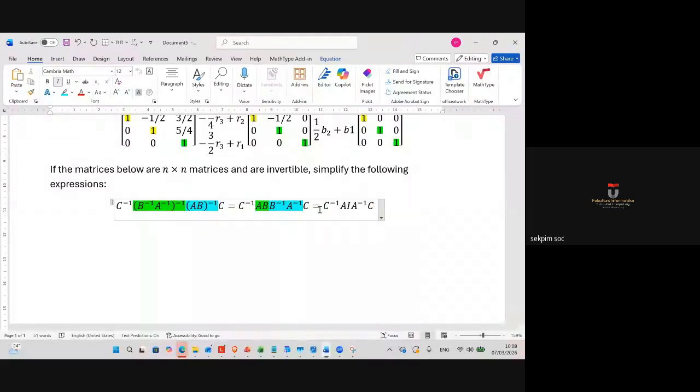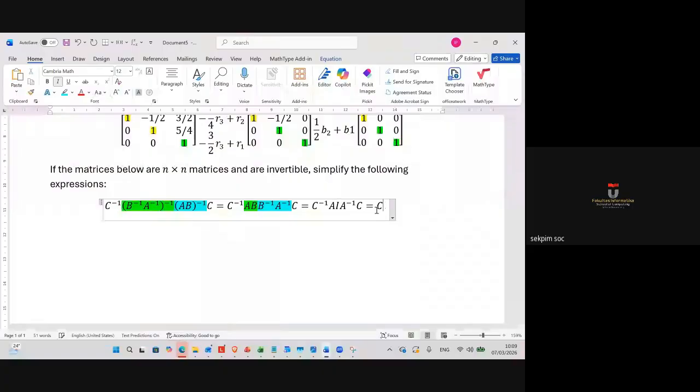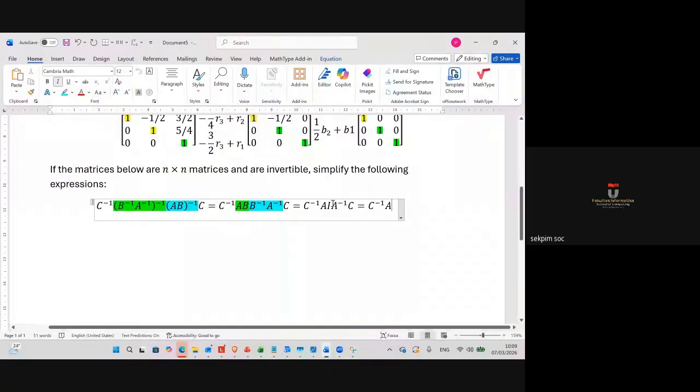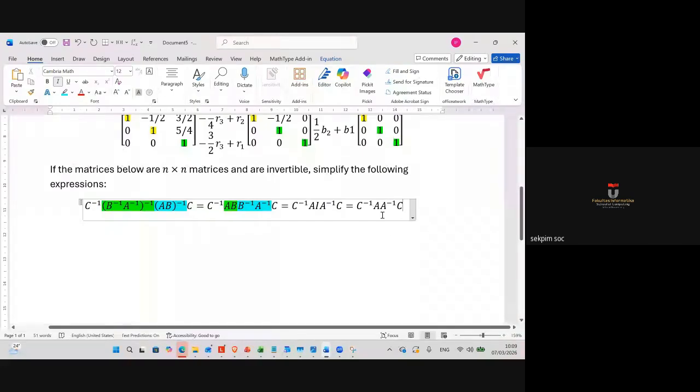And any matrix that multiplies with identity is just that matrix. So we can simplify this part to be C inverse A, right? A times identity is just A, so we will have A inverse, and you see in this part we have A inverse, it's just identity.